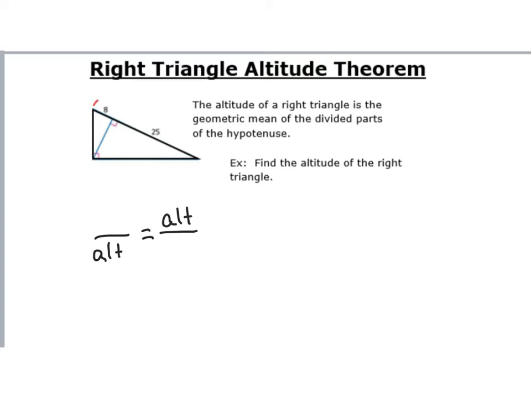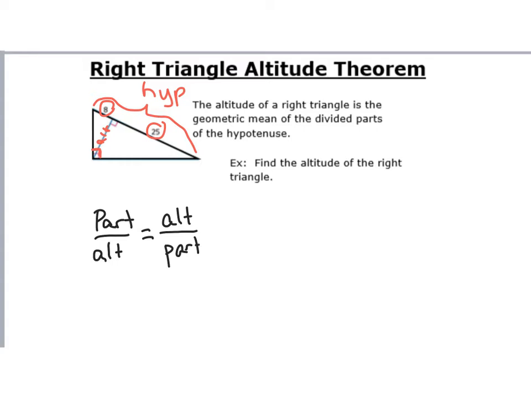So when I look at this triangle and I see its hypotenuse across from the main right angle, this is my hypotenuse. Here is my altitude. So the divided parts are going to be the 8 and the 25. But just for formula's sake, I'm just going to write part and part.